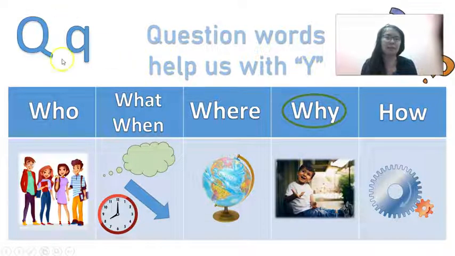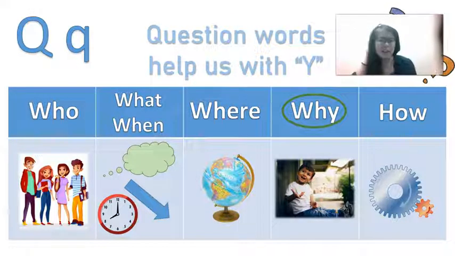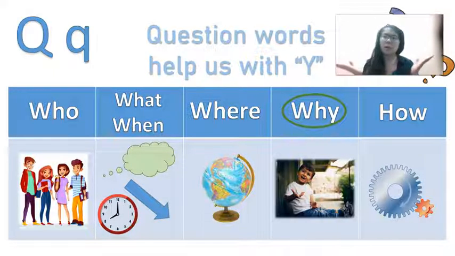Y. What letter is this? Q. But then when I ask, what sound does this letter make? What sound does this letter make? You would say qu. Q says qu. Or y. Y says y.